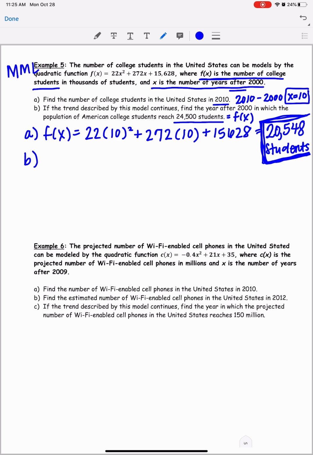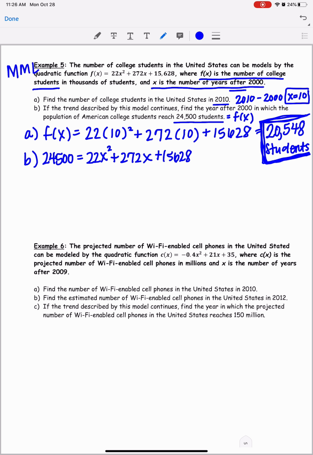It says f of x is the number of college students. So 24,500 is my f of x right here. So now I have 24,500 equals my function, 22x squared plus 272x plus 15,628.